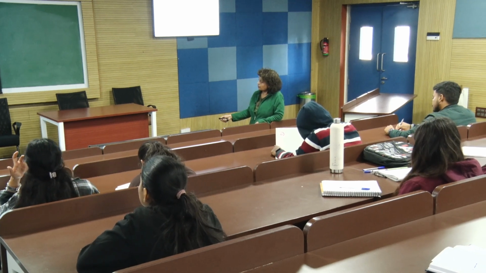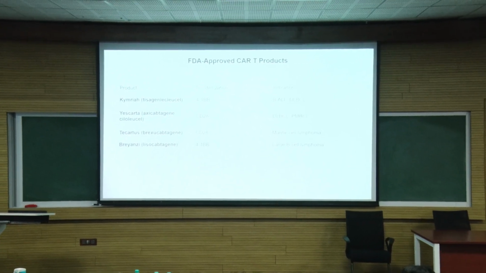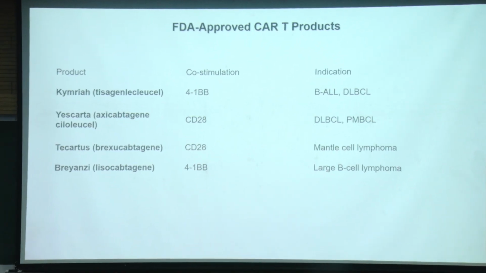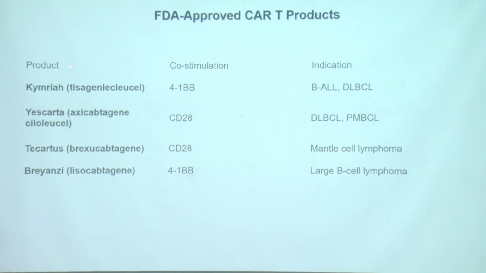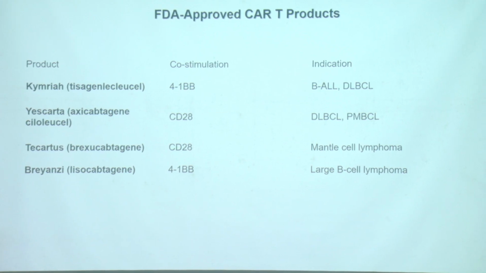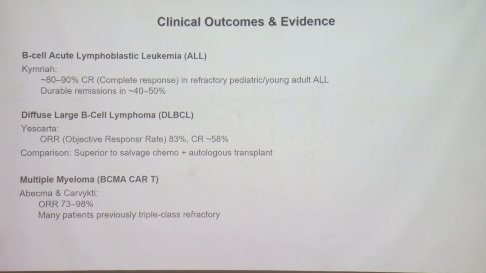So these are approved ones. Kymriah, Yescarta, Tecartus. They are very strange names. I don't know how these names originated, but these are the FDA approved CAR-T therapies for these diseases. So you can see that. And look at the response rate, complete response, 80 to 90%.